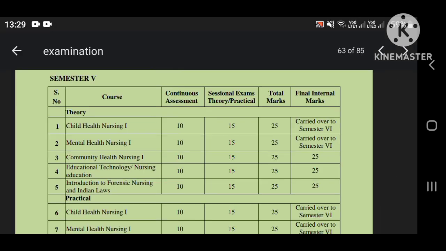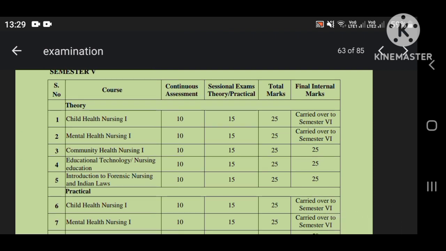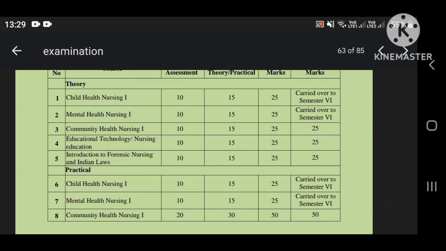These are the various textbooks for semester 5. This is the pattern of examination. You can see for child health nursing you have continuous assessment for 10 marks, and the sessional examination 15 marks, total 25 marks. And for mental health nursing, it is 10 marks continuous assessment, sessional exam and practical 15 marks, total 25 marks. For community health nursing also 10 marks for continuous assessment, and practical and theory internal examination 15 marks.